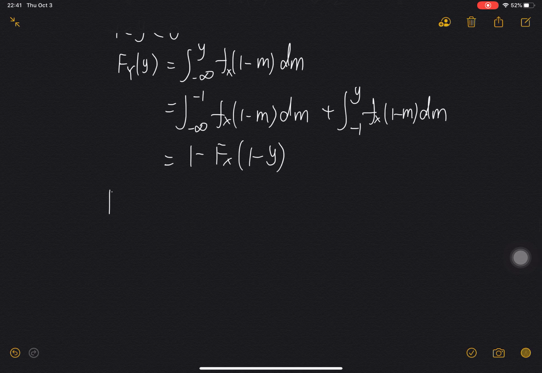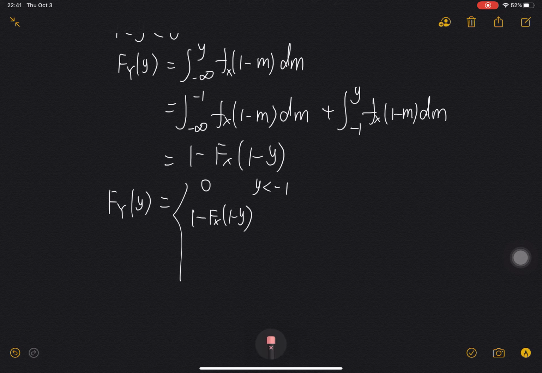So we can write down the density function of y here. 0, yeah, we have talked about this before. And what we have got just now, from minus 1 to 0, and right here, 1 minus F_X(0).